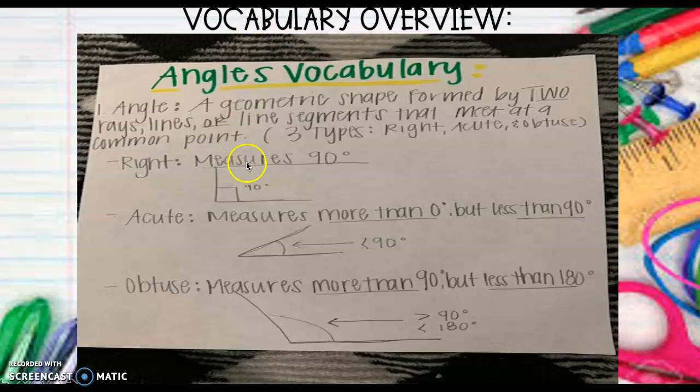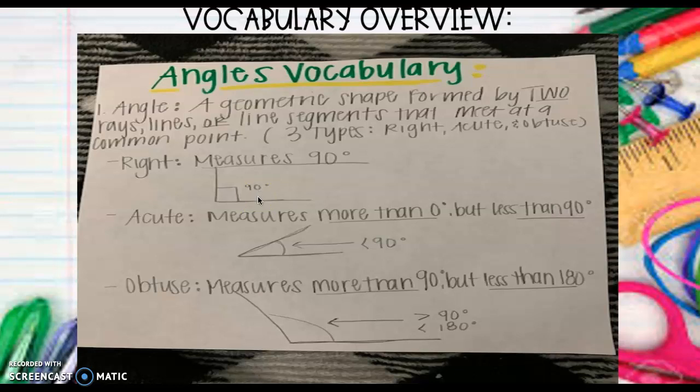So when you have your 2 lines and they meet right here, it looks like a box, or half of a box. When you look at it, this box is a perfect 90-degree angle. That makes it a right angle. A right angle is not 89.5 or 90 point something something. It is exactly 90 degrees. Okay?